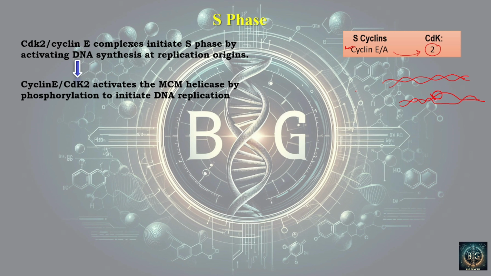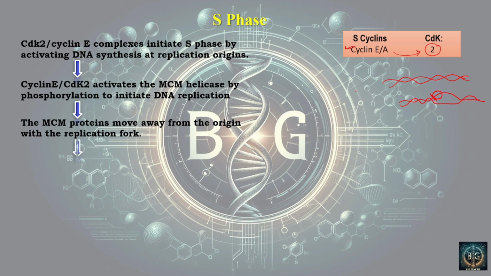Suppose this is the replication origin point. Cyclin E-CDK2 activates this MCM helicase protein by phosphorylation and initiates DNA replication. Then the MCM protein moves away from the origin with the replication fork.